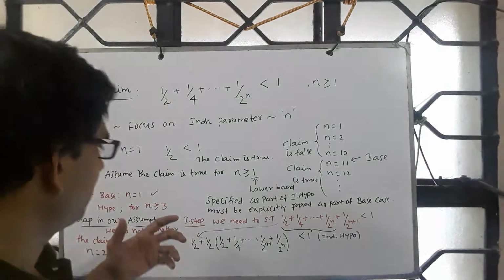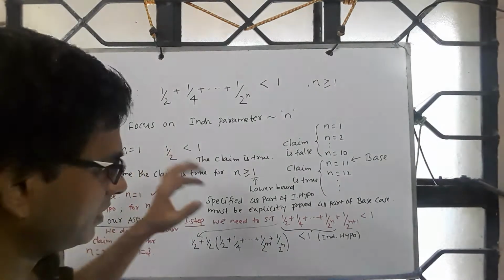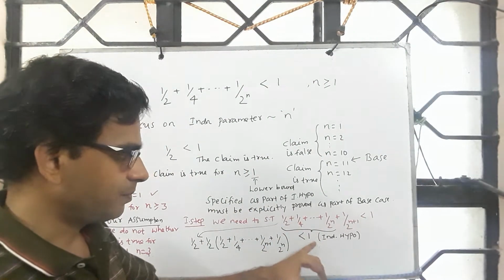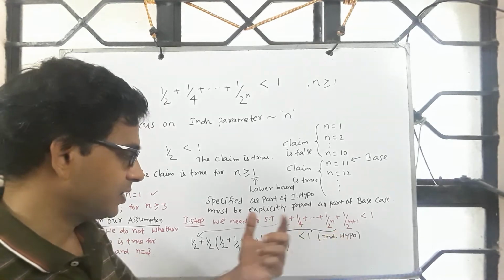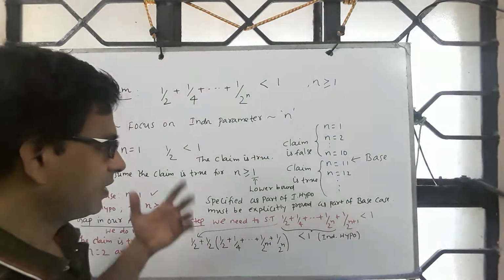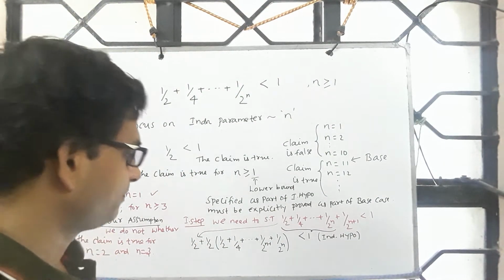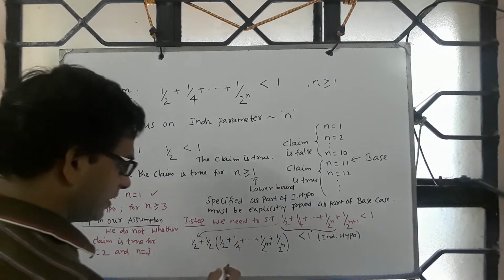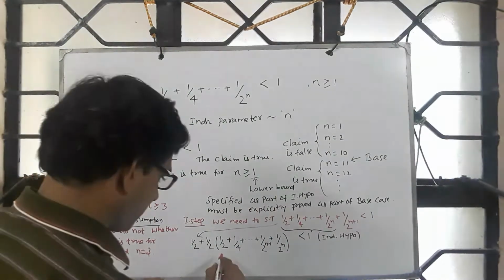That is the purpose, right? And the purpose of making this assumption is to make use of this as part of the induction step to complete the induction. So you will have to somehow modify this so that one can bring in the induction hypothesis. Further, it will help me to complete the induction pretty easily. And so completing the induction is pretty easy if you bring in the induction hypothesis.